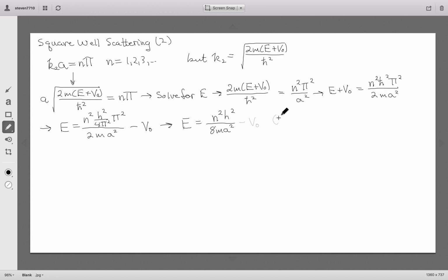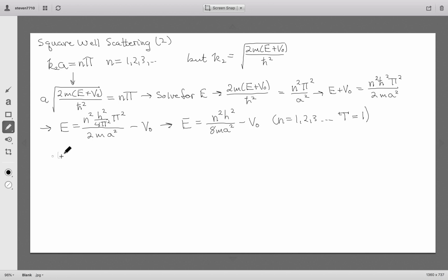And again, this is for n equal 1, 2, 3, with a transmission coefficient equals 1. So that's a pretty interesting result.